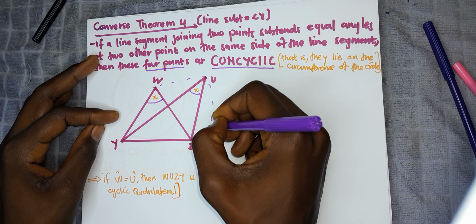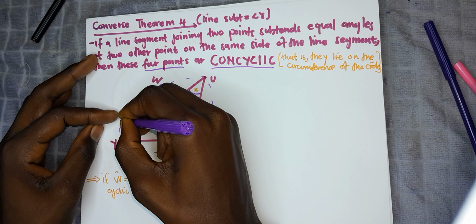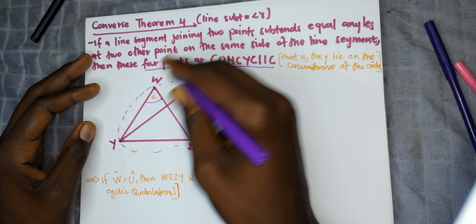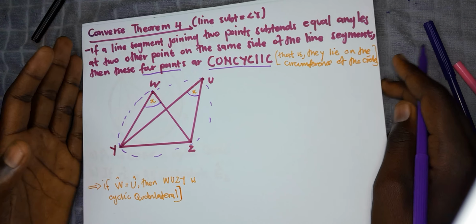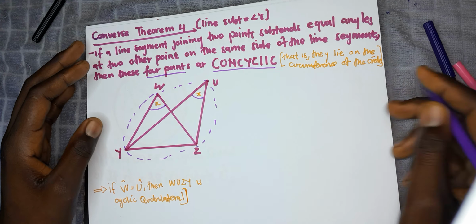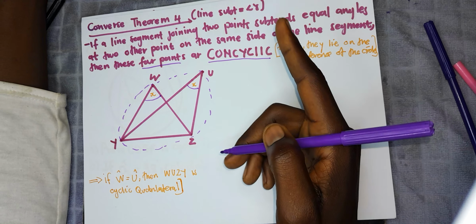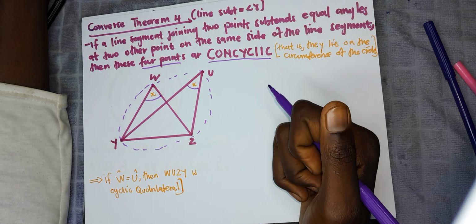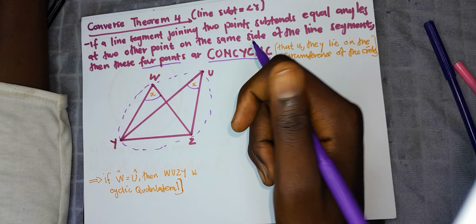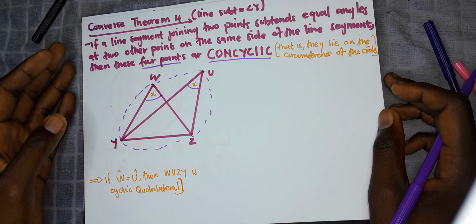Let me try my best to draw a circle here. So this is our conclusion: they touch the circumference of the circle, and that's why we call them concyclic. Remember, this is one of 3 ways to prove that a quadrilateral is a cyclic quad.